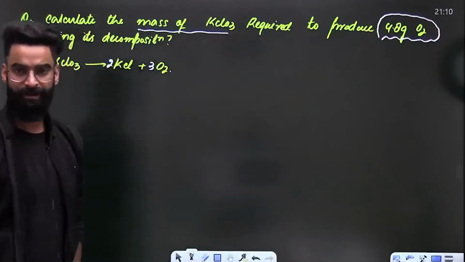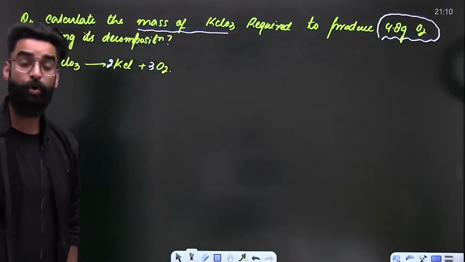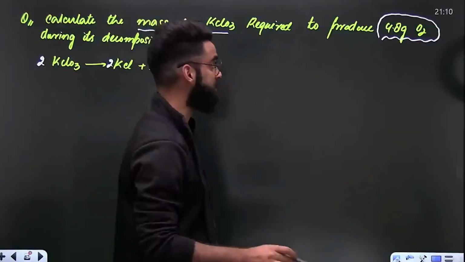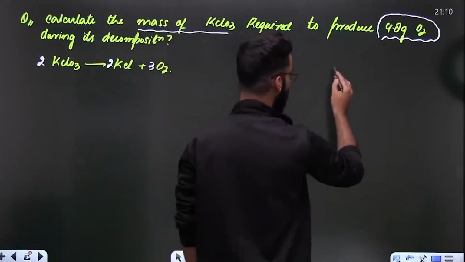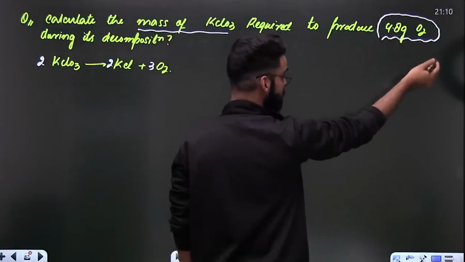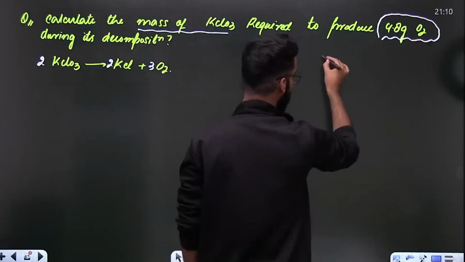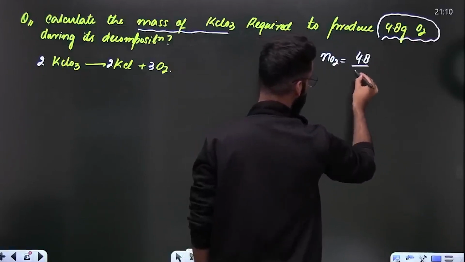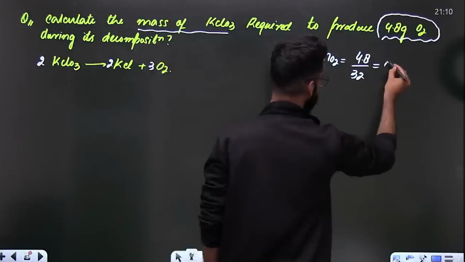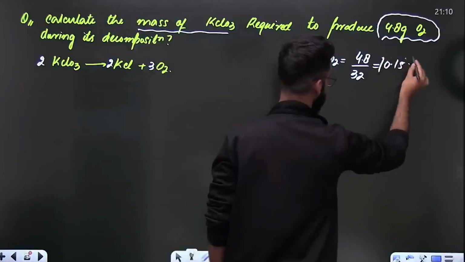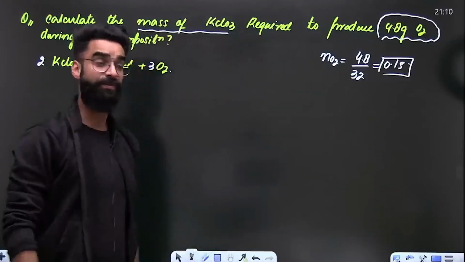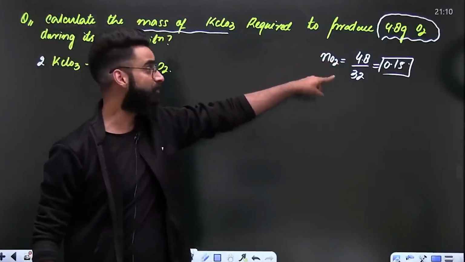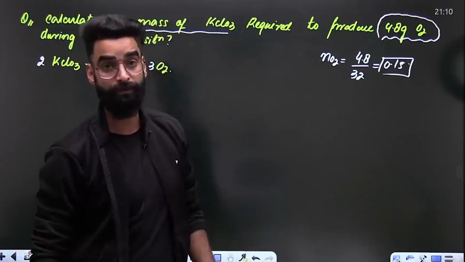Since I'm using the mole method, I'm supposed to convert the given quantity into number of moles. Convert the given mass of O2 into moles of O2. Moles of O2 is equal to given mass of O2 divided by molar mass of O2. The value comes out to be 0.15. So as per the question, we have to produce 0.15 moles of O2.